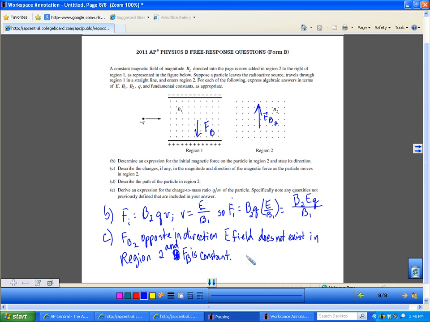And then I did use the right-hand rule and showed the particle moves in a circular path, directed toward the top of the page.